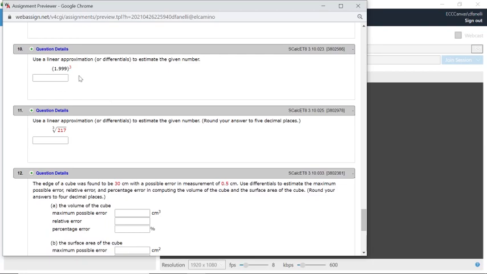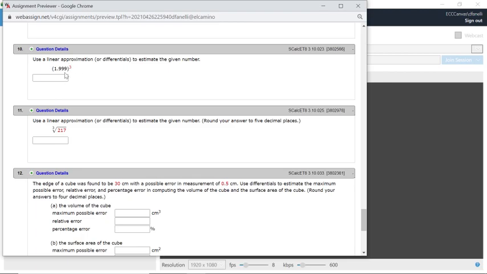And then using differentials to estimate the given numbers, like we just did with the cosine of 29 degrees, for example, and the square root of 10. Find an appropriate function that would represent this quantity, an appropriate function and an input value, a fixed input value that is a convenient number to plug in. Okay, so this is not an exercise of plugging this into the calculator and seeing what the calculator tells you this is.